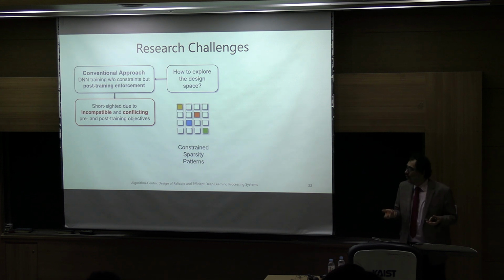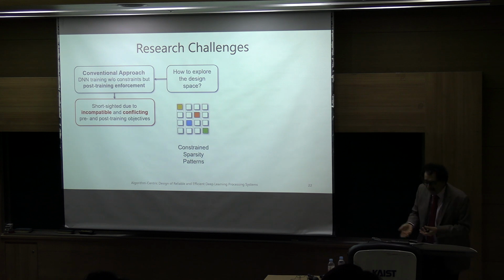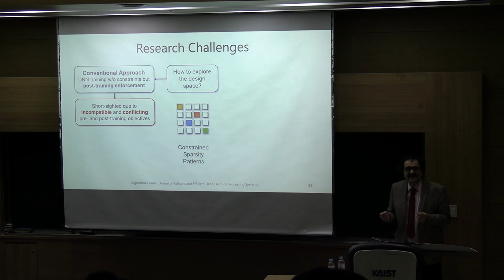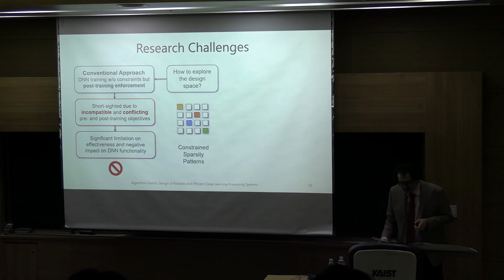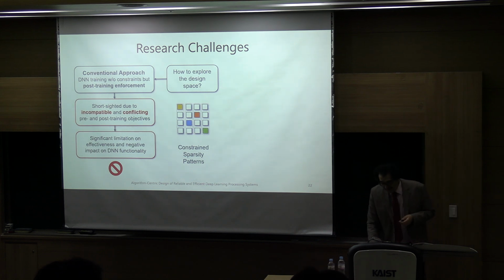Because it doesn't know in the beginning that this is what you wanted. What you wanted only comes afterwards. And it's incompatible and conflicting with the pre-training objectives. So consequently, you get limitations on effectiveness, you get limitations on the quality of results, and stuff like that.